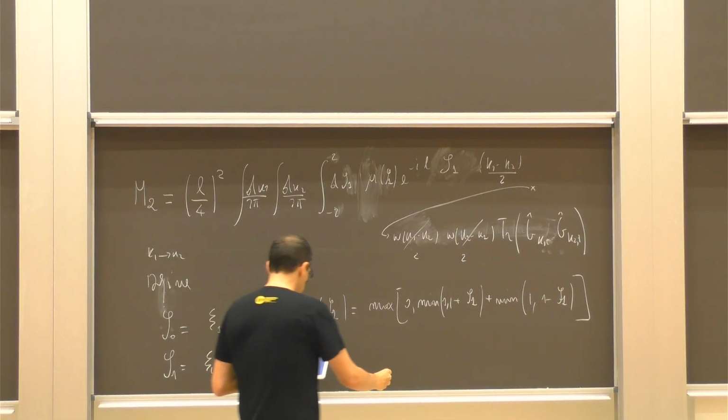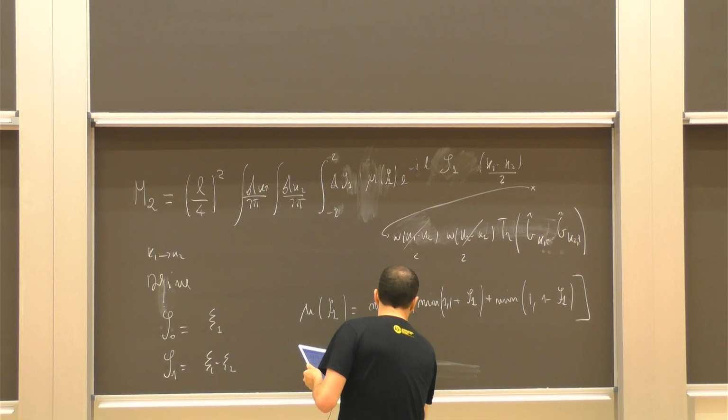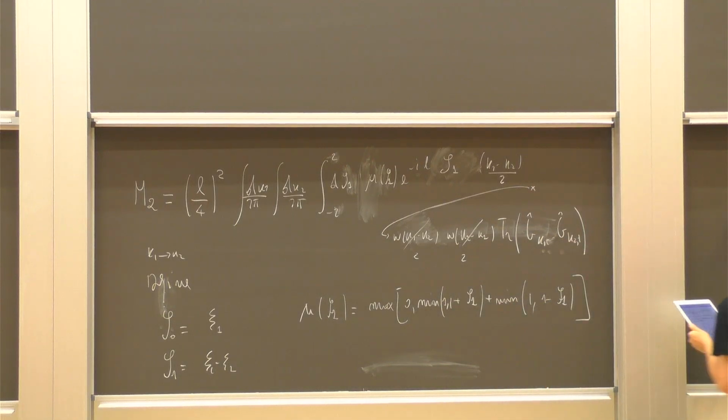So if you plot it, let me plot it here: minus 2, 2. Here is 2. And it's 0 everywhere else. Just a cusp.